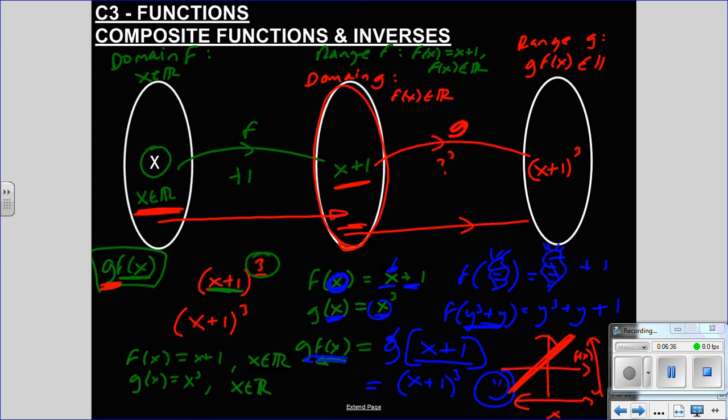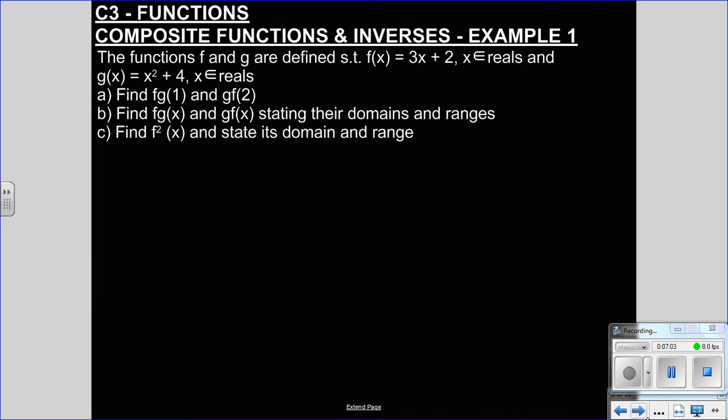And again, anything cubed, as g takes all real numbers, its range will have all real numbers as well, and therefore g of f of x will take all real numbers. So what I'm saying is, when you have a composite function, the range of your first function becomes the domain for your second function, and it would keep going from there.